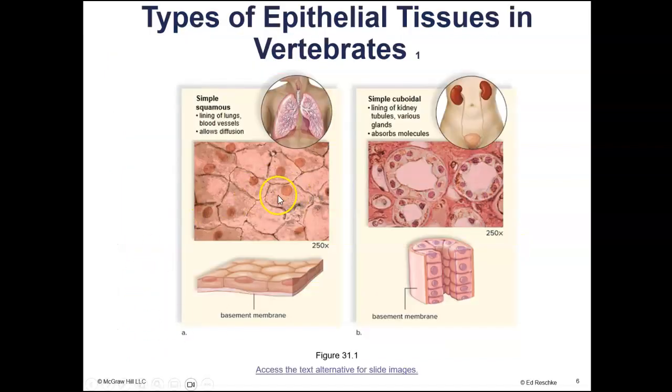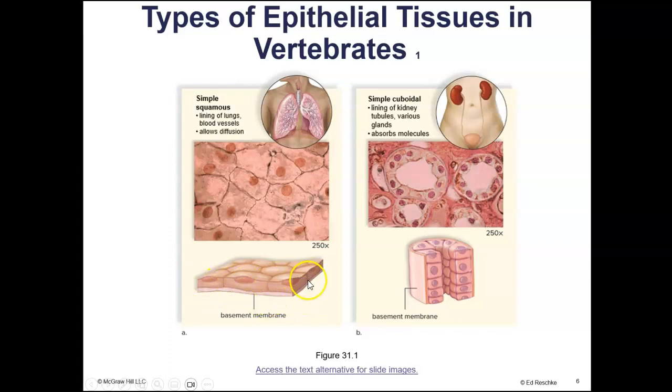So here are some pictures of the different tissue types. You can look at this tissue as if you were looking down on it from above and also look at it in cross-section. Simple squamous epithelial tissue is a single layer of flat cells, and all epithelial tissue has a basement membrane underneath the cells.